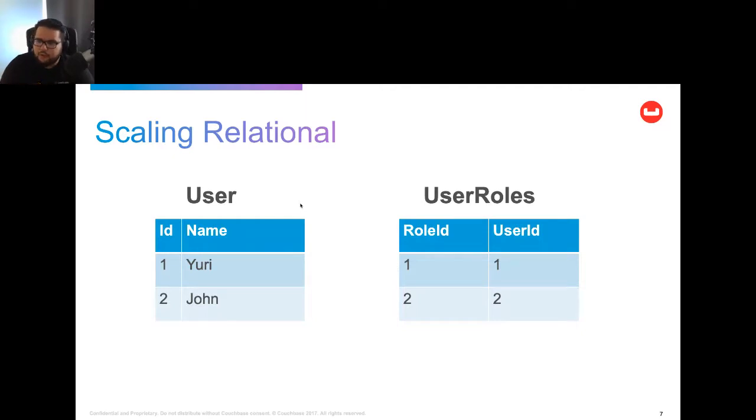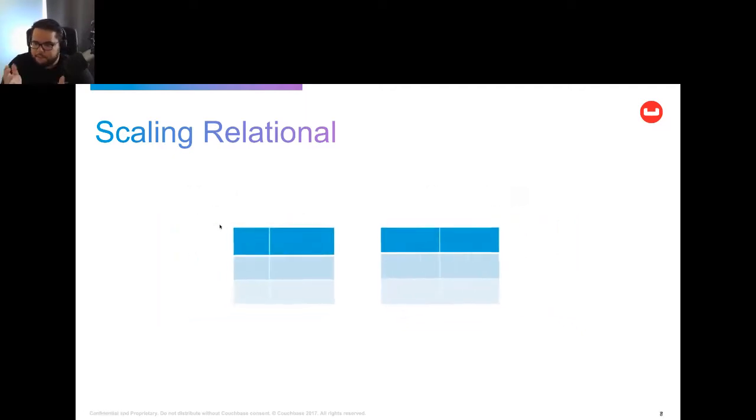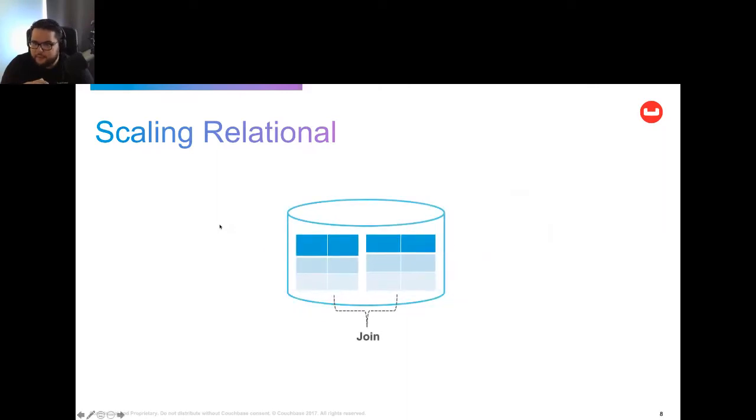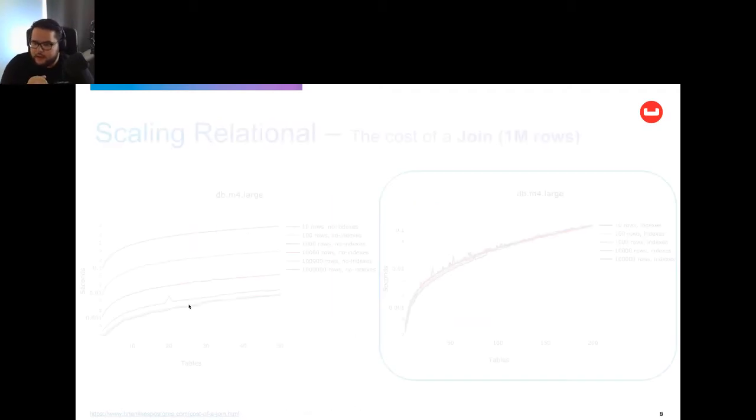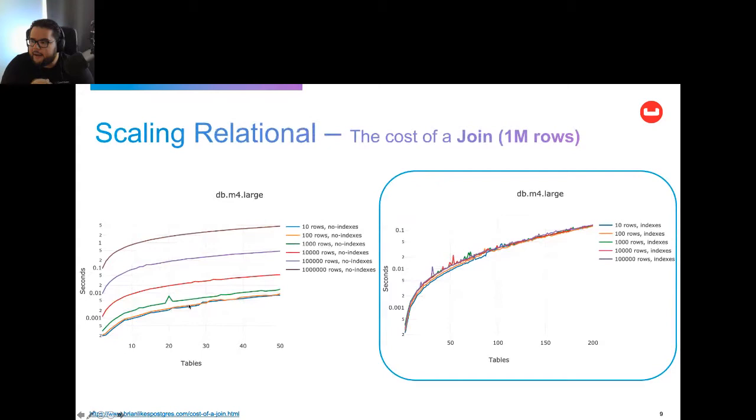In a relational world, those two tables live in the same node, and you can join those two tables as you wish. And joining your tables is actually a very fast operation as long as your tables are properly indexed.